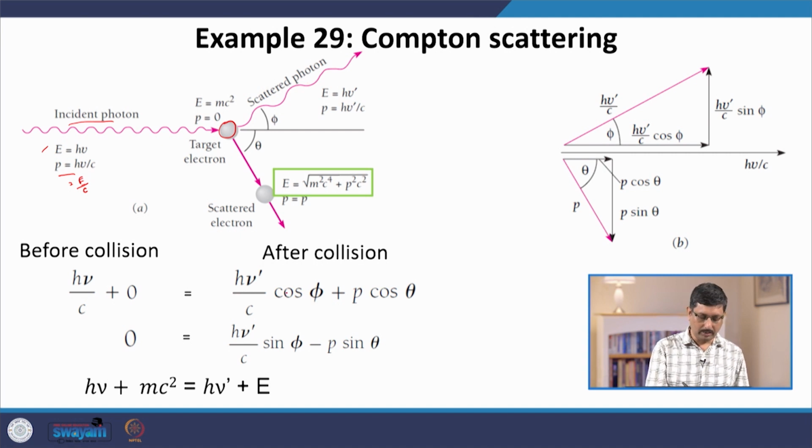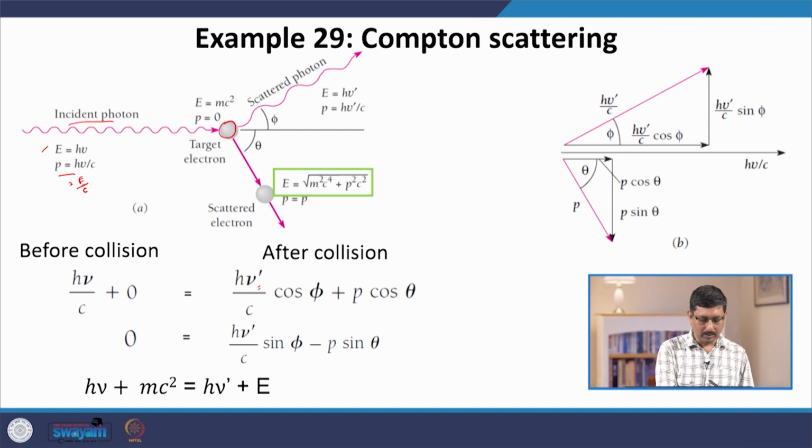After collision, let us say the frequency of the photon is nu prime, and it goes in a direction which makes an angle phi with the original direction. The electron also moves in a different direction making an angle theta, such that the total momentum of this system of photon plus electron remains conserved.